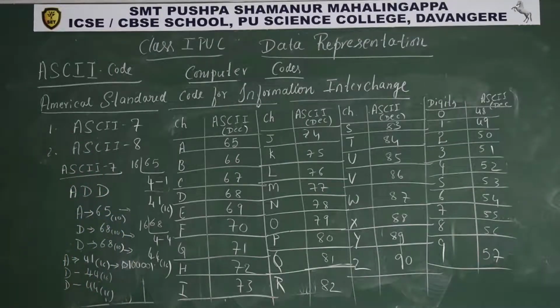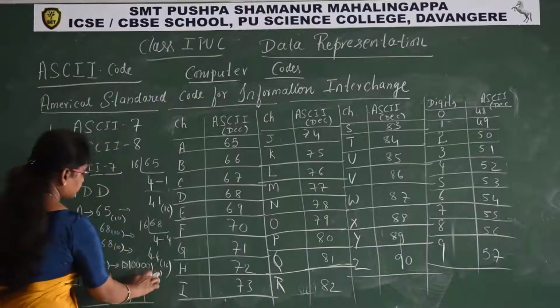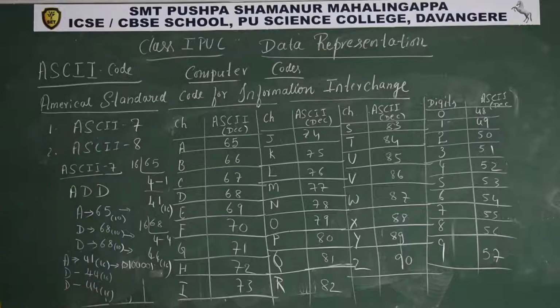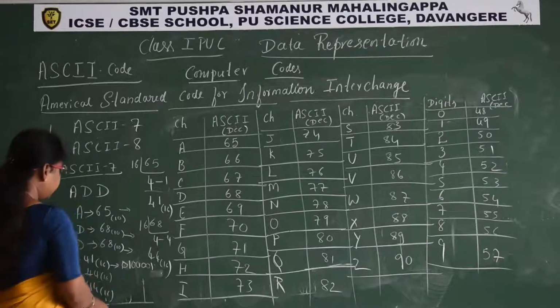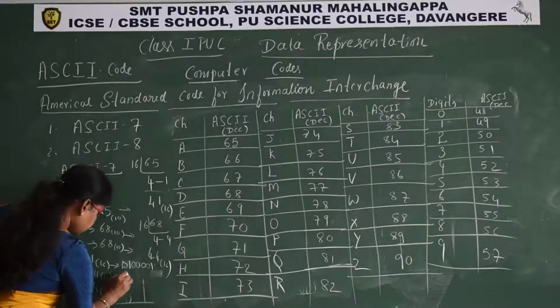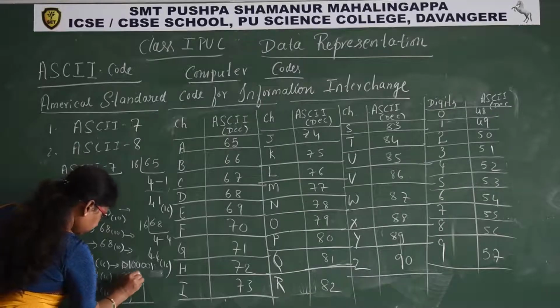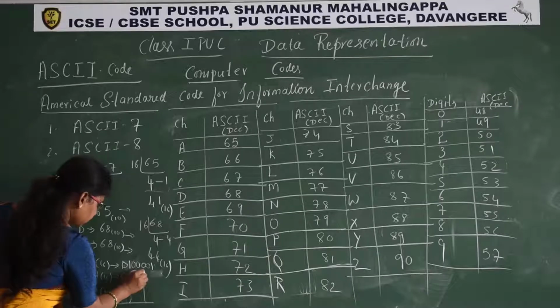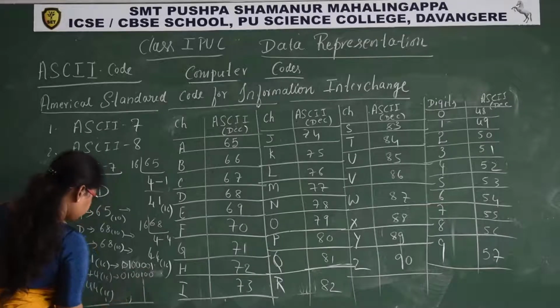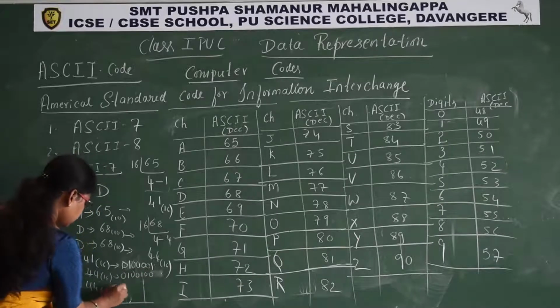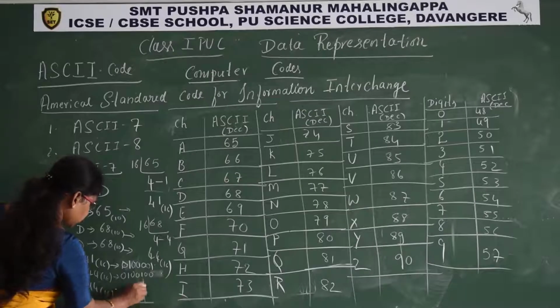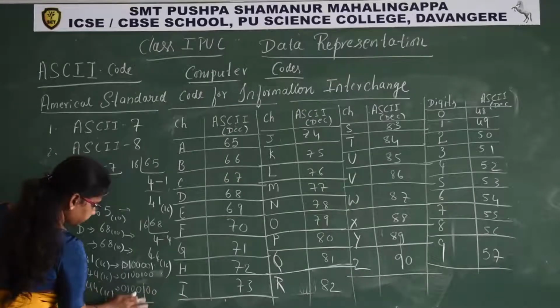So this is ASCII 7 conversion of A, and D 44, 0 1 0 0, then 1 0 0, here 0 1 0 0 1 0 0.